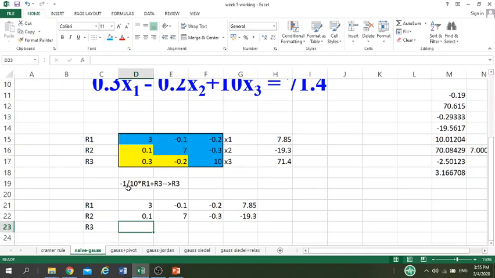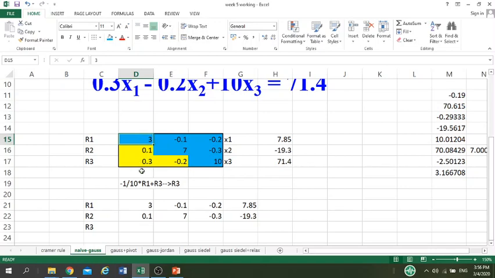So for row 3, minus 1 over 10 times row 1, so 3 times minus 1 over 10, will give us minus 0.3. Okay, minus 0.3, and then we add with row 3.